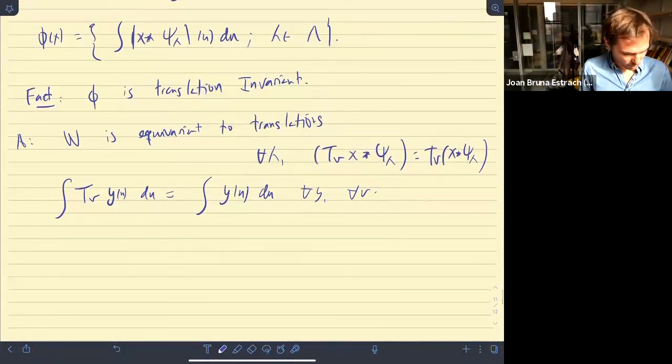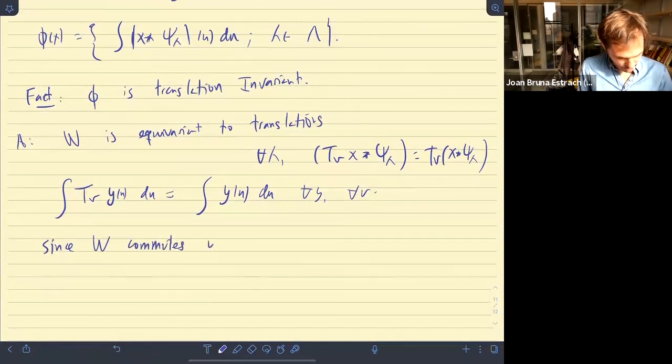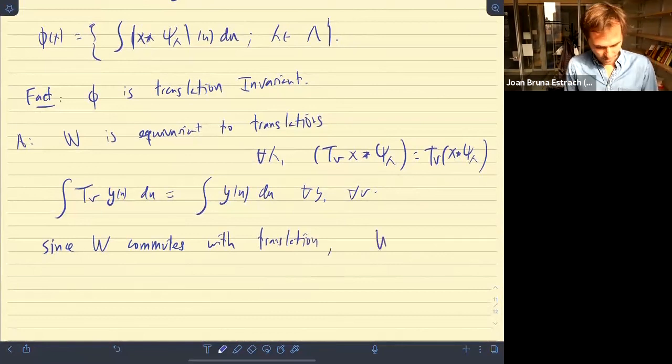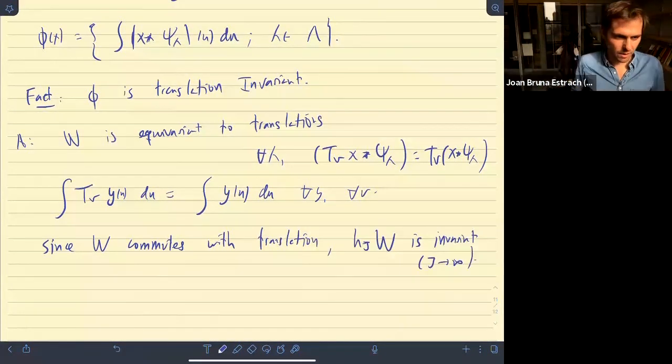In other words, since W commutes with translation, W composed with the low-pass filter is invariant as J goes to infinity, in the limit where I have just the average.